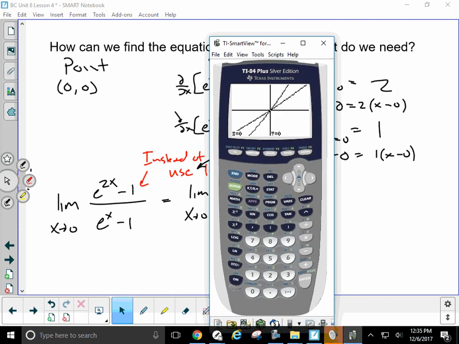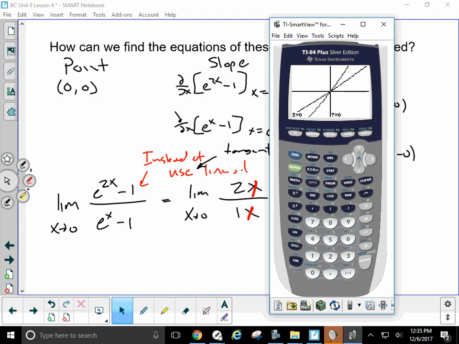Any other ideas? No, that'd find me the derivative, but I kind of did the process that enables me to not have to use my calculator, but I can quickly and easily find this limit using my calculator. How? Graph the function, plug in values close to 0.